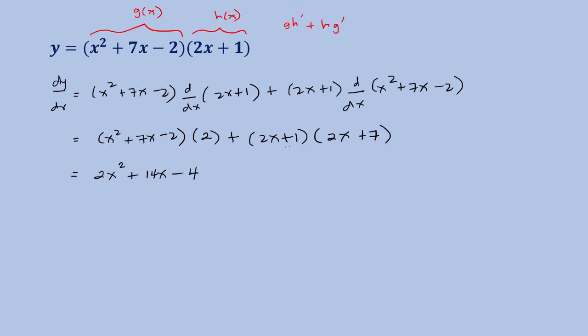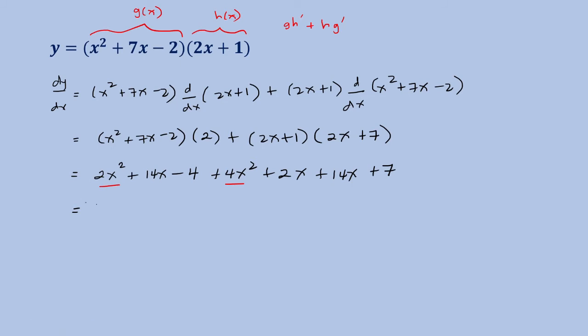So for the product of these two binomials, we have 2x times 2x is 4x squared. 1 times 2x is 2x. 2x times 7 is 14x. And 1 times 7 is 7. So combining like terms, we have 2x squared plus 4x squared.